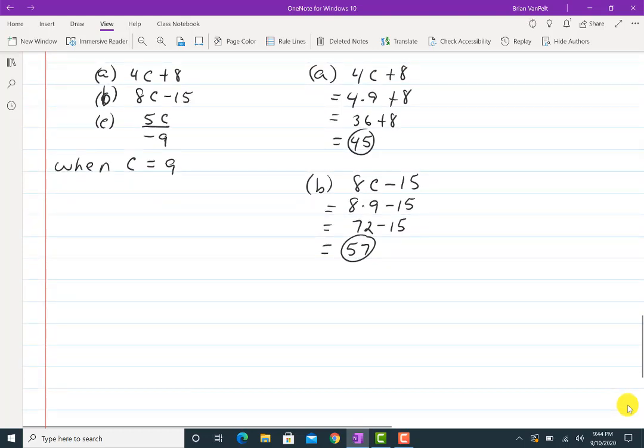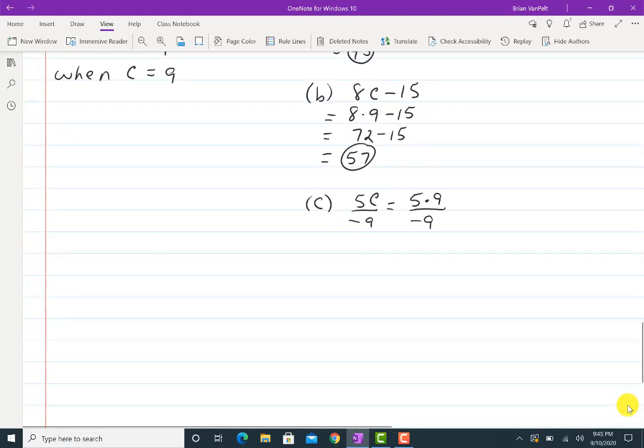And then part C, we have 5c over negative 9. That equals 5 times 9 divided by negative 9. 5 times 9 is 45. Now you have a positive divided by a negative. We know the answer is going to be negative. And then you should know from your elementary school days that 45 divided by 9 is equal to 5.